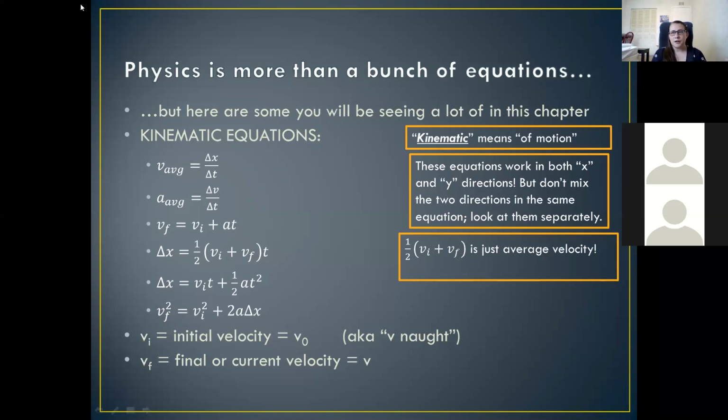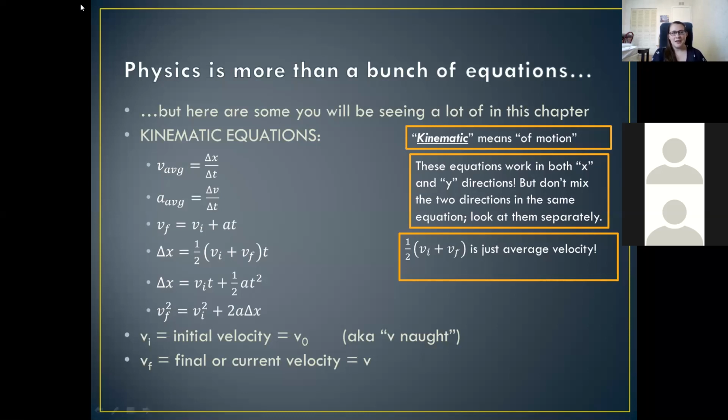So it's more than just plugging and chugging into equations, which is why I wanted to show you how we can derive some of these from the other ones. I have a big list of kinematic equations for you. I don't want to spend time deriving all of them. It's in the textbook if you want to see it, but we just don't have time to go through and do all of them.